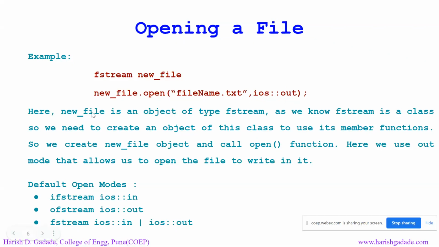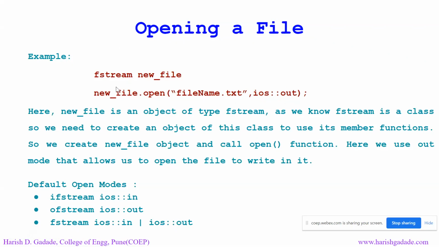So here newfile is an object of type ofstream. As we know, ofstream is a class, so we need to create an object of this class to use its member functions. What is the purpose of that object? To access the member functions of that class, we need to use that object.